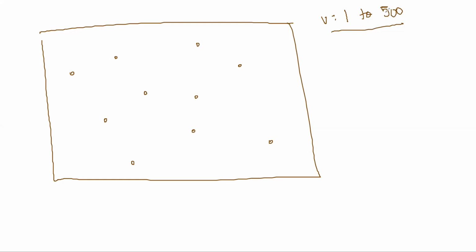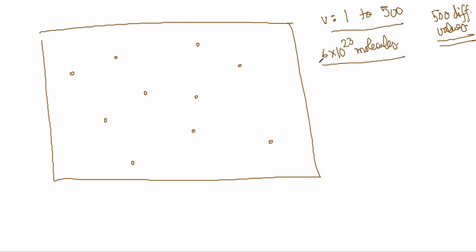We are putting arbitrary restrictions, but let's say the speed can be 1 to 500, 500 different values. If the speeds can be like this, then how many ways can you set up a box where, say, there are 6 times 10 to the power 23 molecules in this box? Basically 1 mole of gas is there.